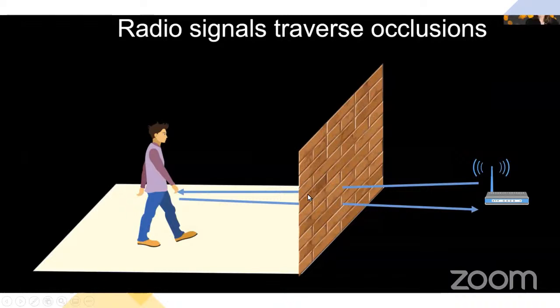So one of the challenges in deploying IoT sensors is that they need to communicate sometimes through walls and through barriers. And these obstacles prevent the wireless signal coming from the sensors on the human body from reaching its destination. So this is one of the challenges that we have to deal with.